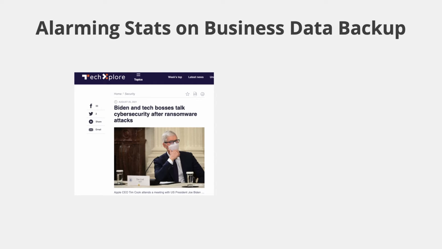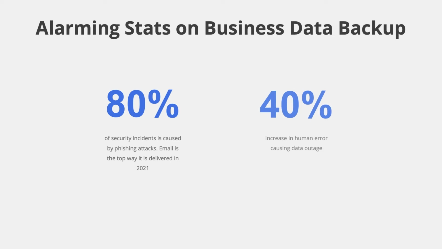Besides ransomware and cybercrime, many users just don't have a good and solid backup plan in place. IT leaders in the UK and US have reported a 40% increase in human error tampering the data. Here's a good example.